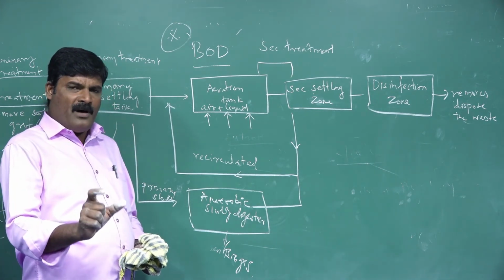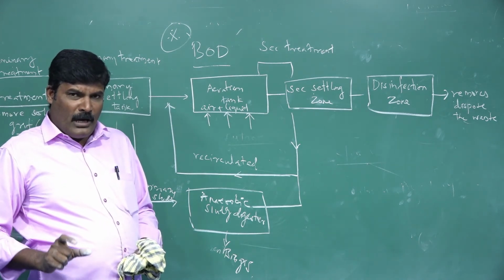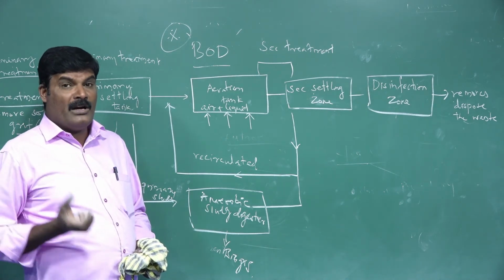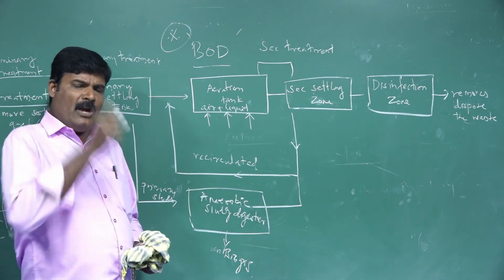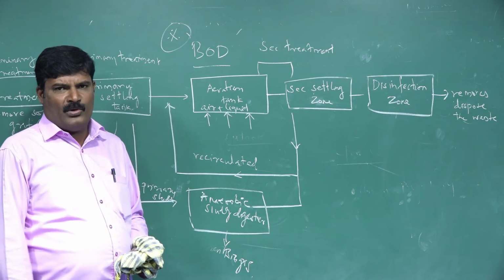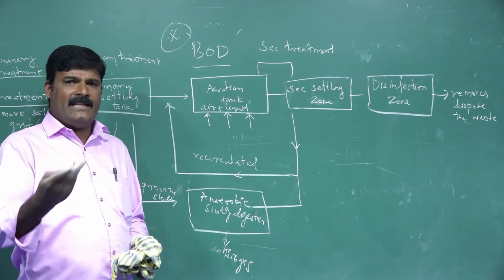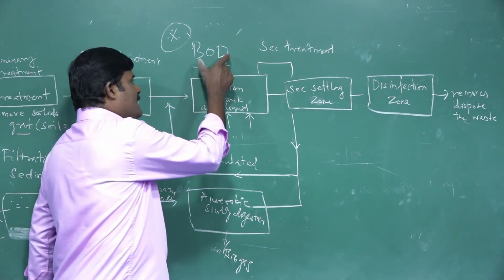What is the amount of oxygen needed by bacteria for complete removal of the organic matter in 1 liter of water? What is the amount of oxygen utilized by the bacteria to completely eliminate organic compounds? Organic compounds are easily digestible compounds. Organic matter. So this is called BOD.